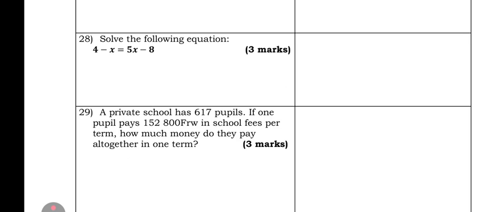Simply, if it has a positive sign, it will have a negative sign. So here you have negative 4, and here you have negative 6x. The answer is equal to what? Negative 6x is equal to negative 4. Then negative 12, the answer is equal to 2.